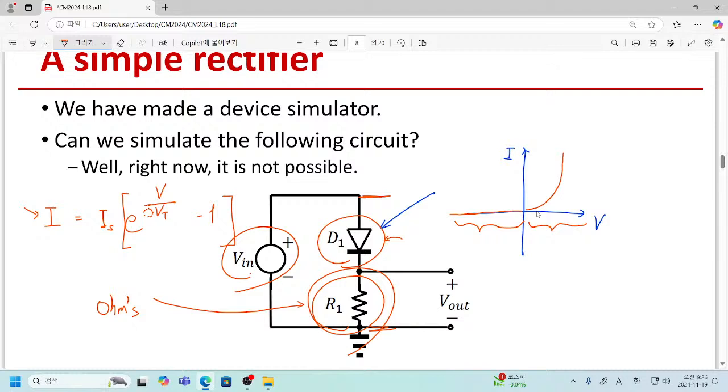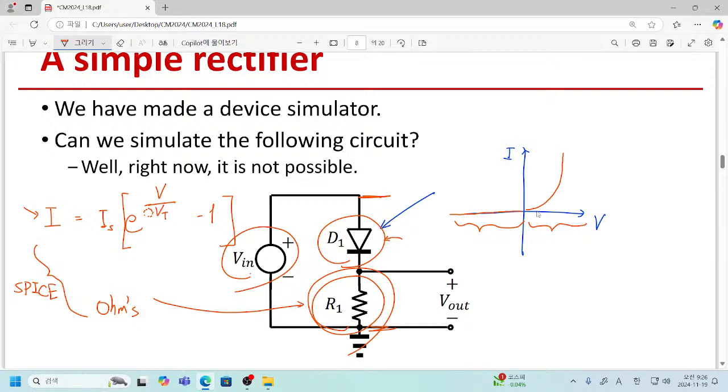The program which can do this job automatically is typically called SPICE. When you have a SPICE program, you can provide a simple rule for describing each circuit element inside this circuit.